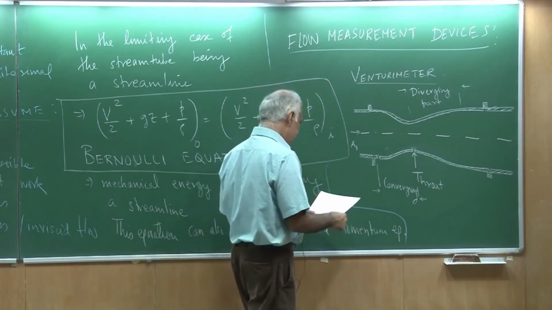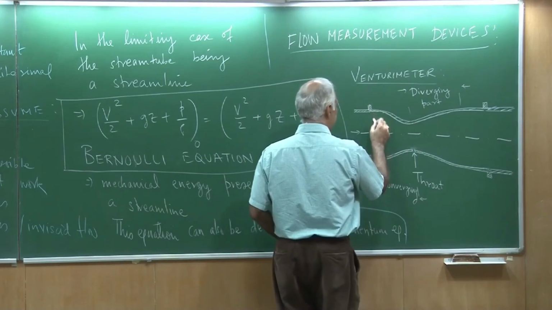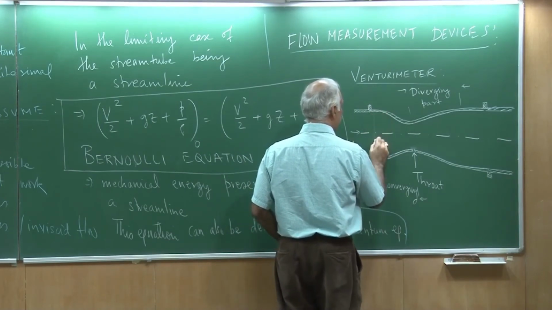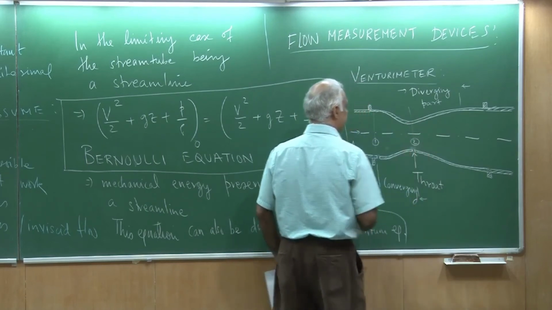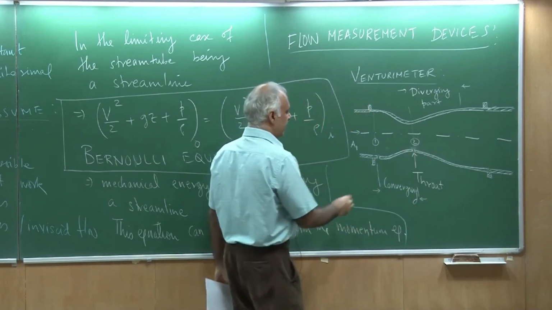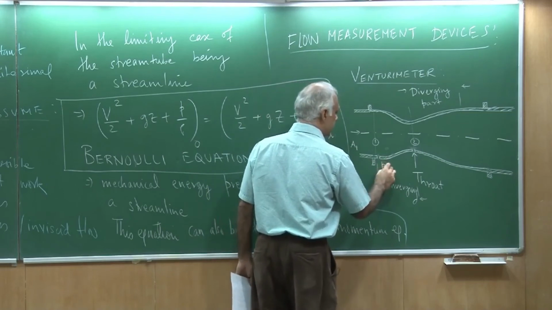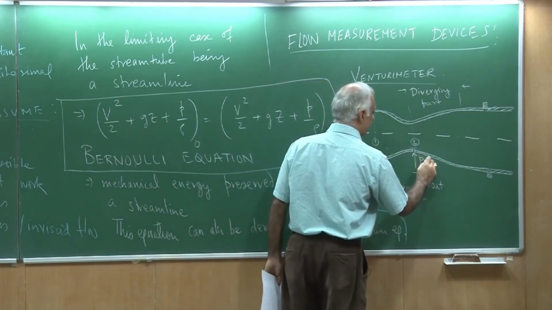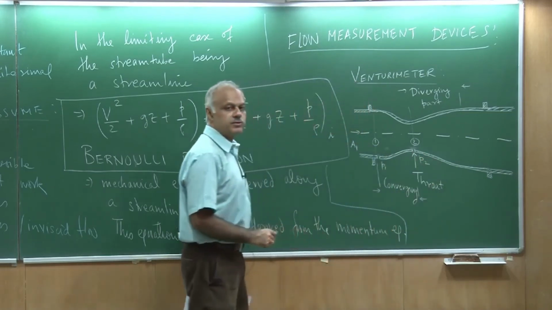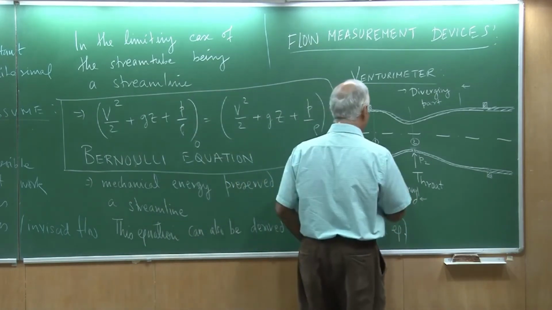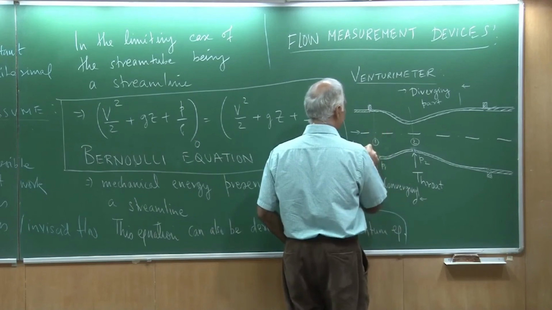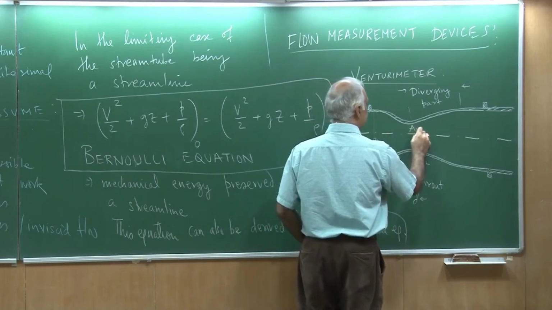So let me call this section 1, and this I am going to call section 2. Here I am going to measure pressure P1, and here I am going to measure pressure P2. Further, I am going to call this area A1 and this area A2.